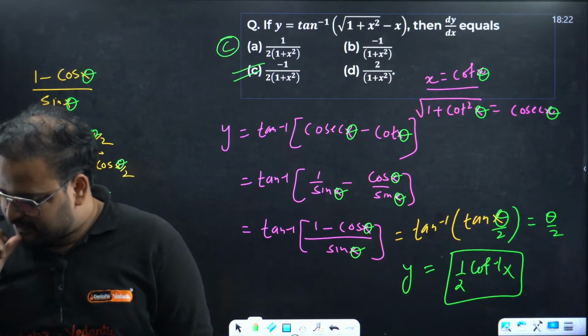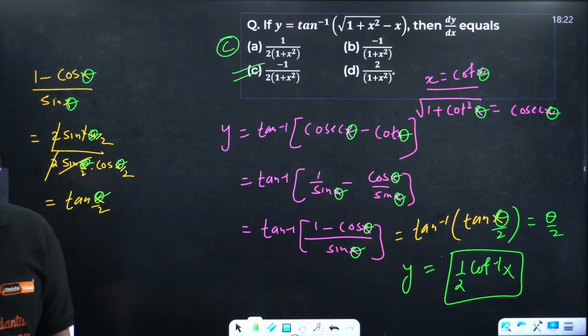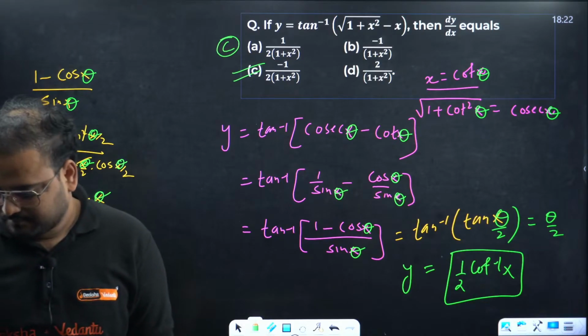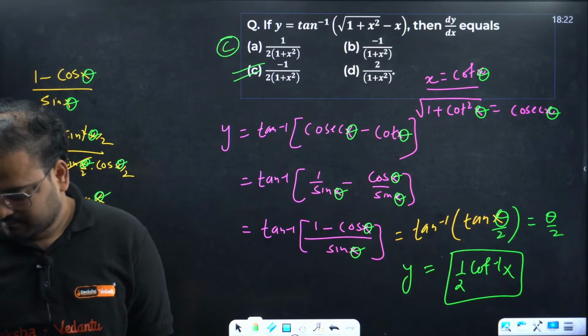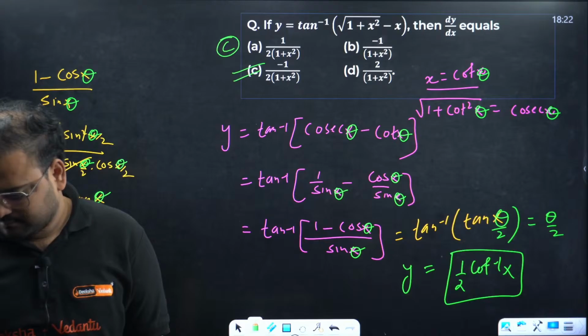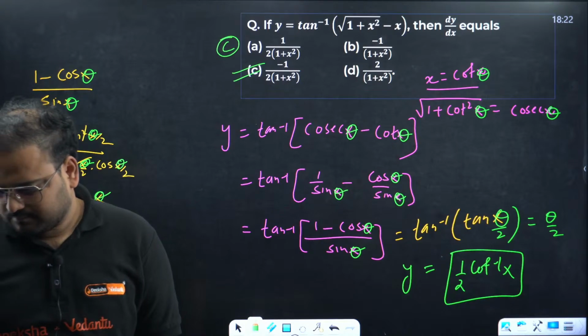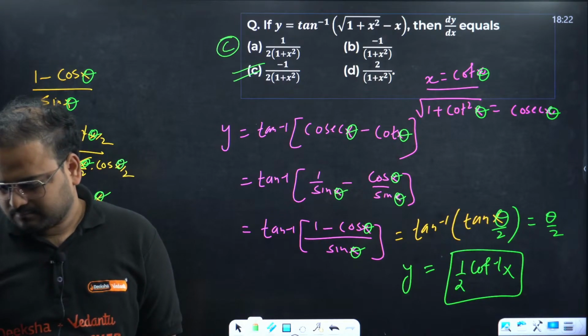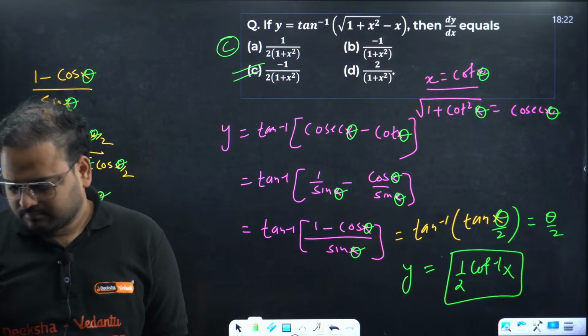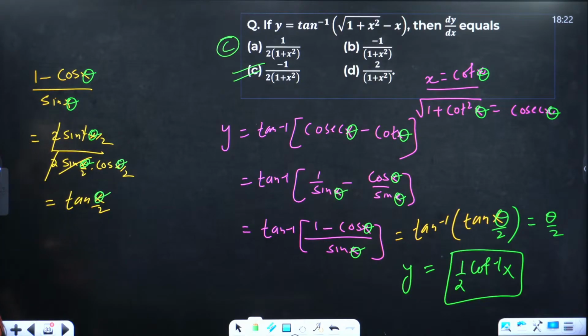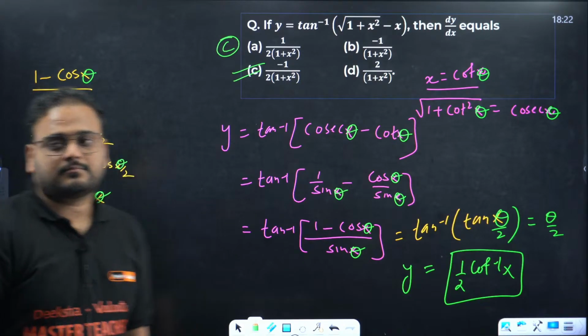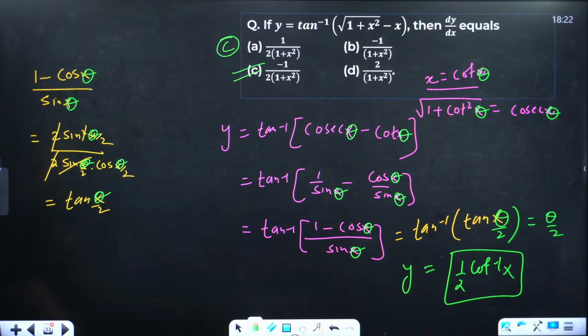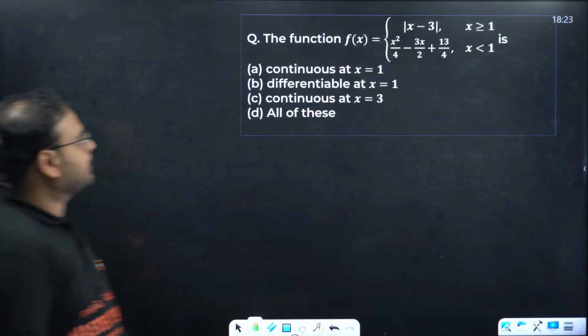Answer should be C. Check. Is it clear? Next.